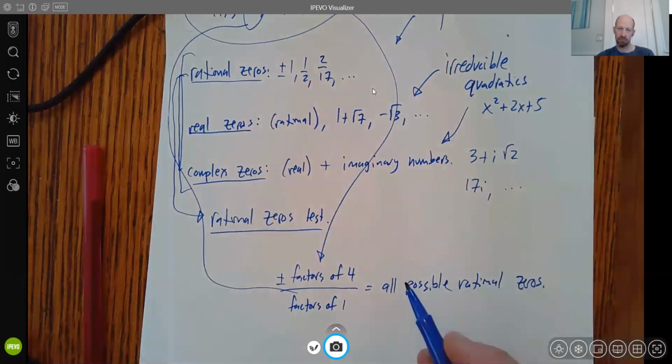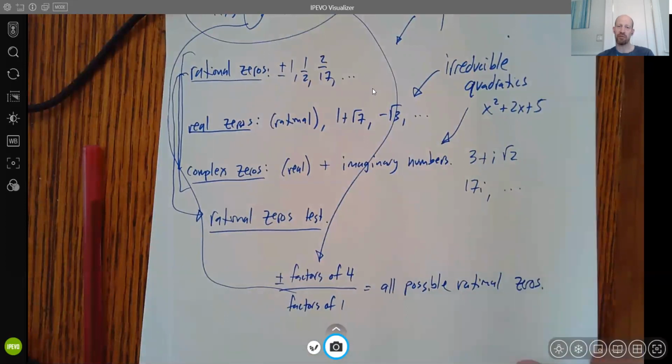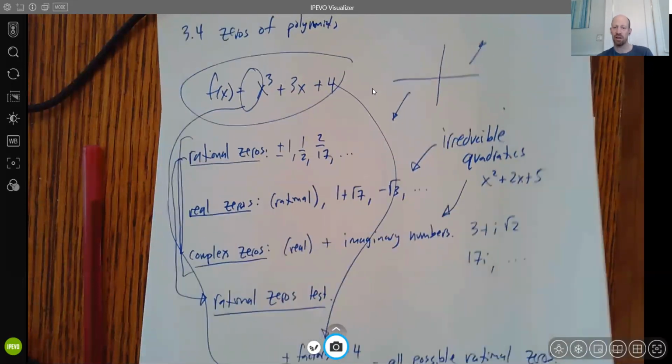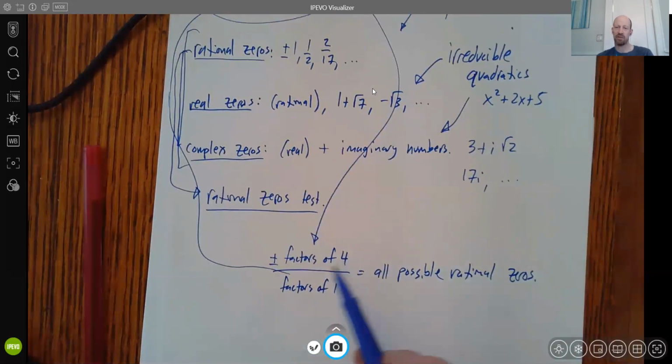Now, certainly they're not all rational zeros. I mean, there's only 3 zeros at all. And many times there are lots more possible rational zeros, but it is still limiting what we have to try.